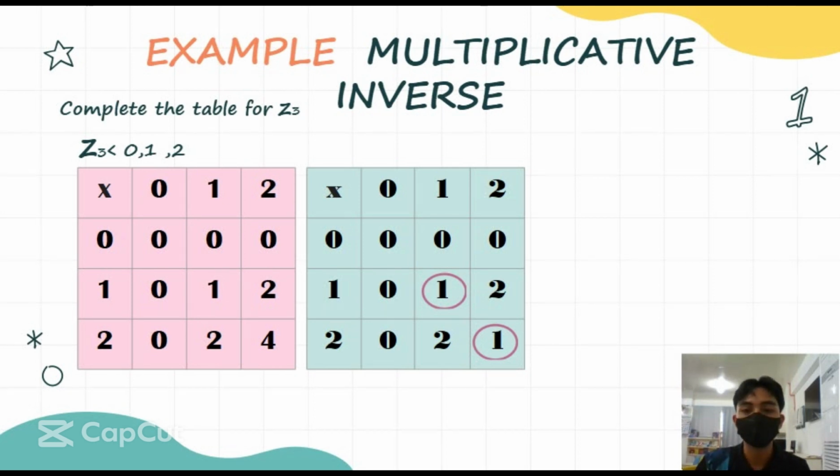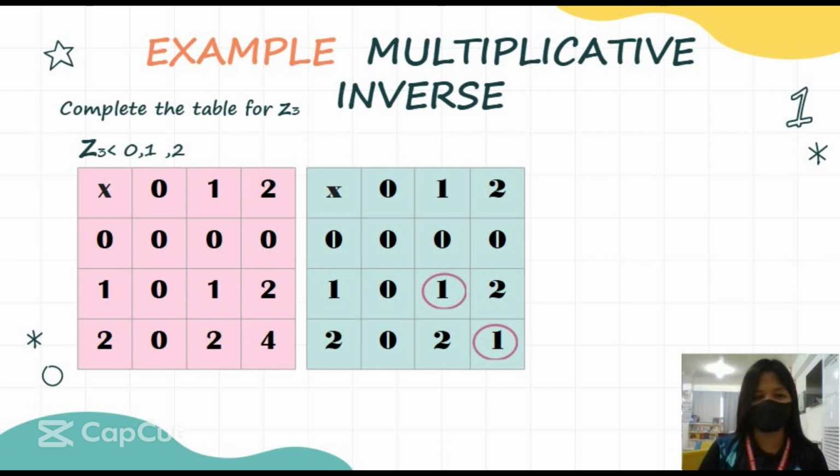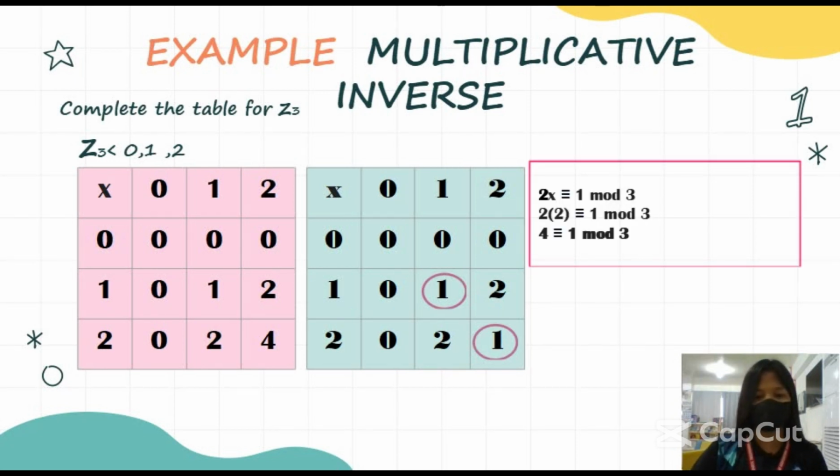So to understand it better, we have an example to be discussed by Keisha Kate Asuncion. So again, I am Keisha Kate Asuncion, and for this session, I am going to discuss how to find the value of x using the Z table. So 2x is congruent to 1 mod 3.